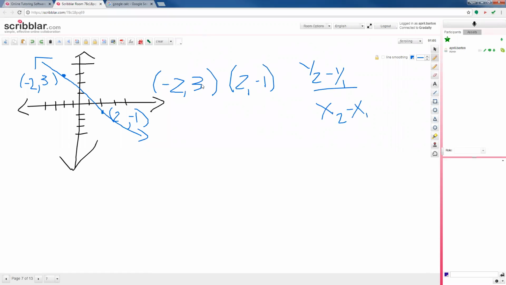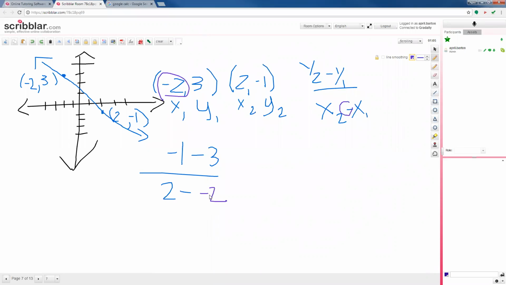So something to watch out for on this one is that we might end up with that negative happening again. We do y2 is -1, minus y1 is 3, but then on the bottom we'd have x2 is 2, minus x1 is -2. Since this is a negative, but the formula had a minus, we have 2 of them.